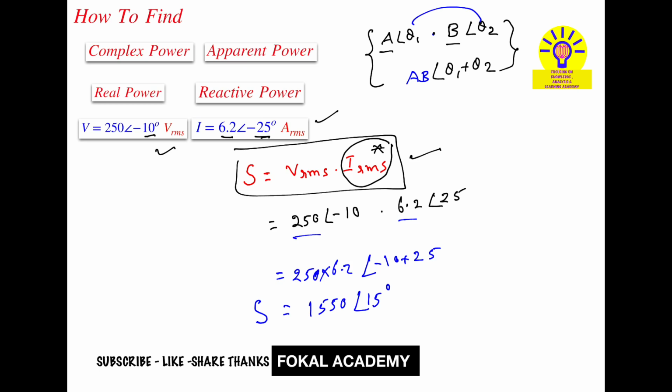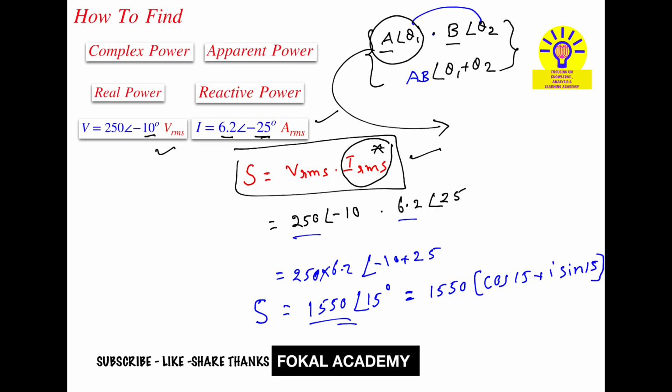Now convert this complex power from phasor form into complex number form. That is, amplitude 1550 into cos 15 plus j sin 15. Whenever any phasor form is given like this, it can be written as the amplitude into cos theta 1 plus j sin theta 1.